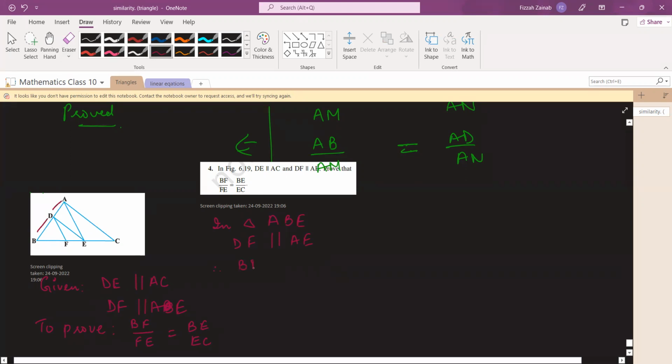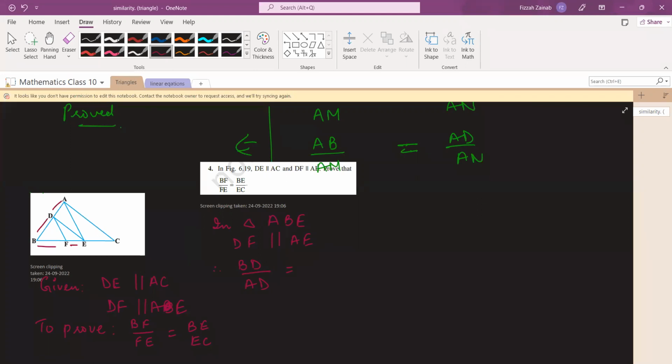So BD upon AD is equal to BF upon FE, correct? From BPT. So you can mark it equation number 1. So we have used this information, right?